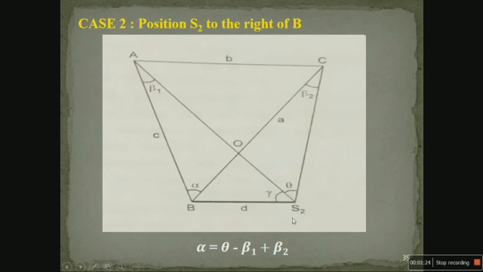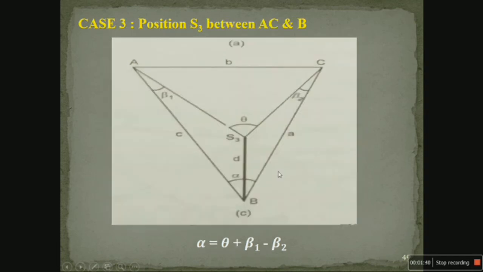So in that condition, this is beta 1, beta 2, theta is here, gamma is here. So in that condition, the alpha value will be theta minus beta 1 plus beta 2. Similarly, in the third case, the satellite is towards the north, just above the main station. So in this condition, with respect to beta 1, beta 2, theta and alpha, alpha is equal to theta plus beta 1 minus beta 2.